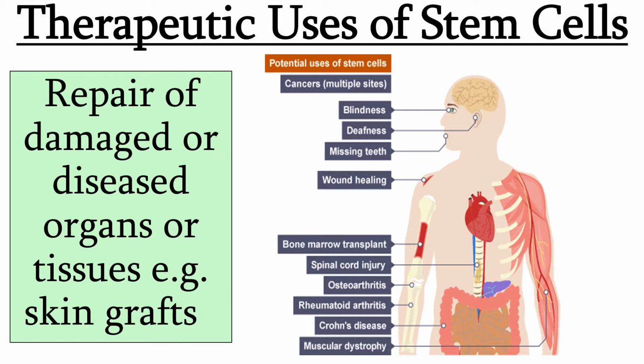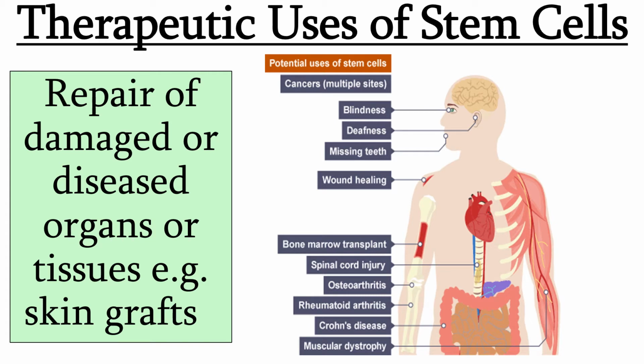One of the problems, you might be aware of this, if somebody needs, say, a kidney transplant, they always try to get a kidney from someone that's closely related to them, because the related person is going to be genetically similar. However, people who receive an organ transplant are on immunosuppressant drugs for the rest of their life, because essentially the body thinks this is something foreign and it tries to get rid of it.